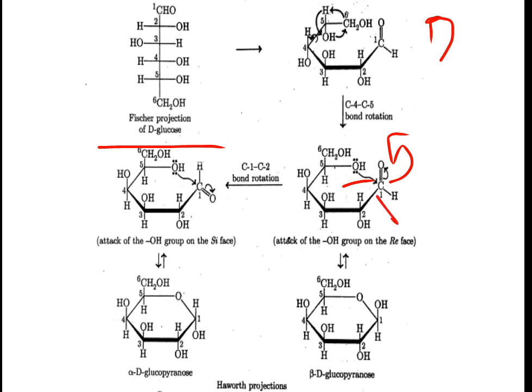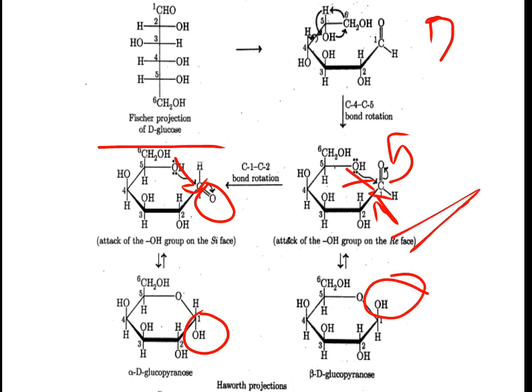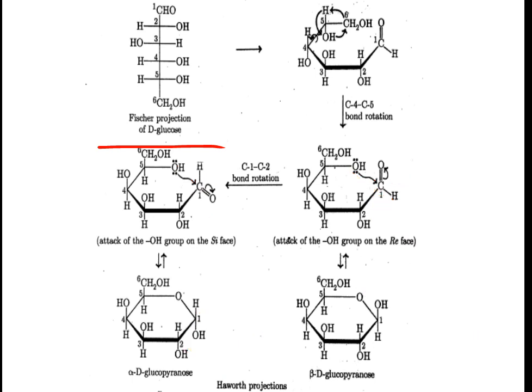That means if you rotate this bond, the carbonyl will go down, and if now this oxygen attacks, the OH will be in the back, that means in the down position. And now in this case, if the OH attacks, the OH will be in the up position. That means this is the beta-D-glucopyranose and this is the alpha-D-glucopyranose. Look again and try to understand this.